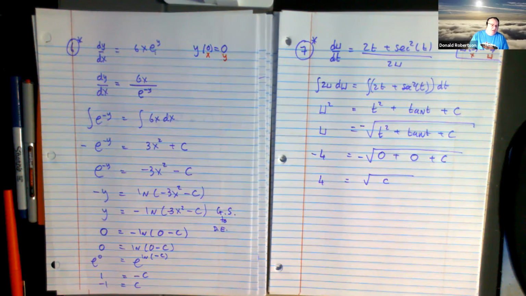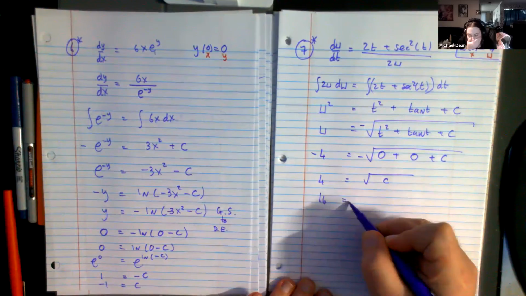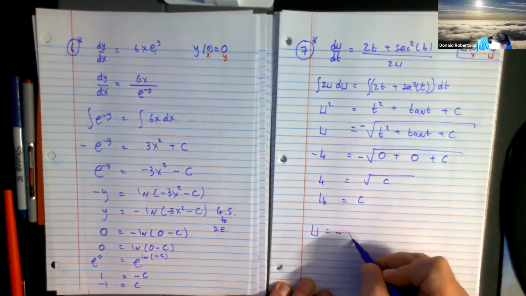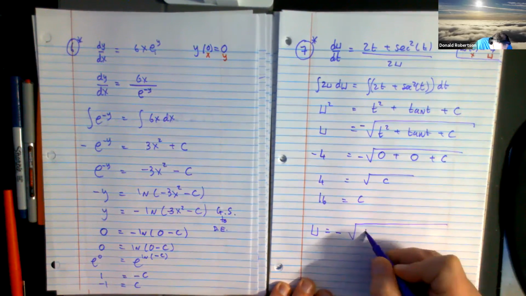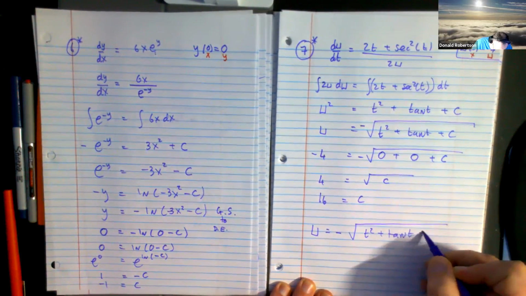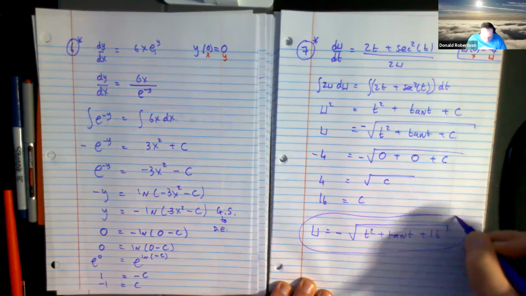Because there's two things you might do, but only one of them is right. Square it. And the answer is 16. So we have u equals negative the square root of t squared plus tan t plus 16. And that is the answer that they're looking for.